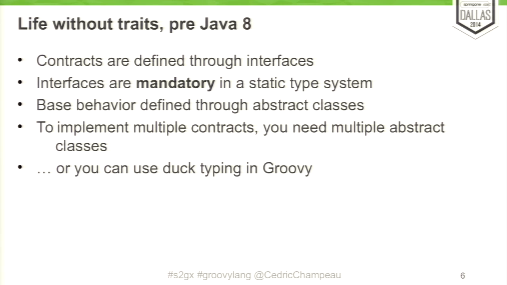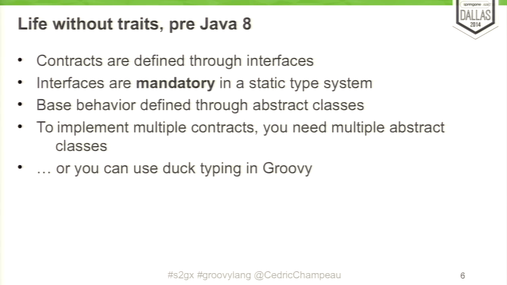before Java 8, what did you do if you wanted to call a method? The main aspect of Java is to define contracts, actually. You have that notion of interface. Interface is central in Java. An interface is something that defines a contract. And this contract basically says, I accept this message as an object.